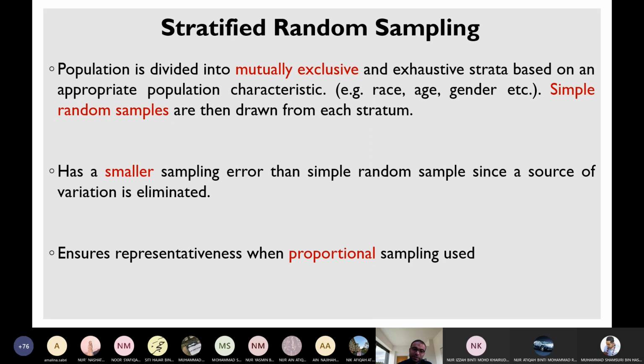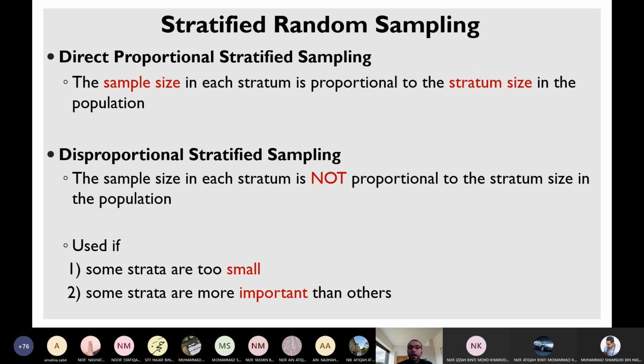So the sampling error in general will be smaller, and this is a good option if we want to ensure representativeness. With proportional sampling, you have to ensure that males, or this ethnicity, for example, will be represented.